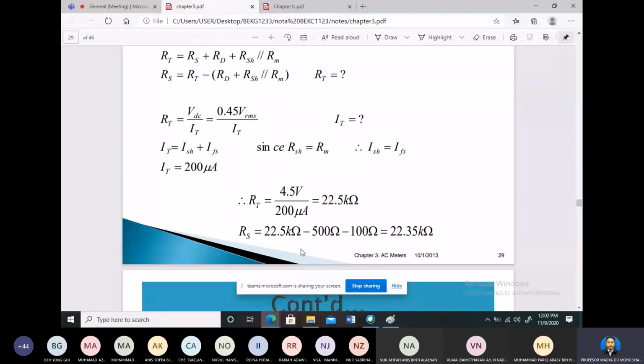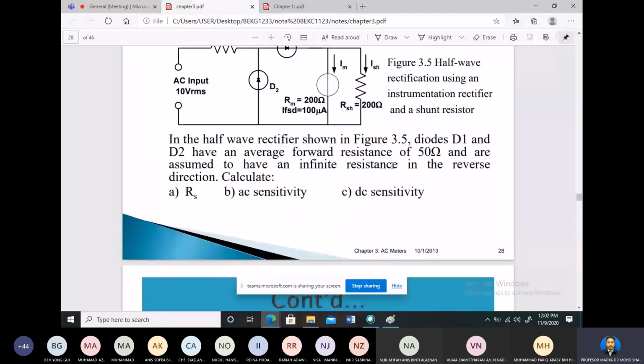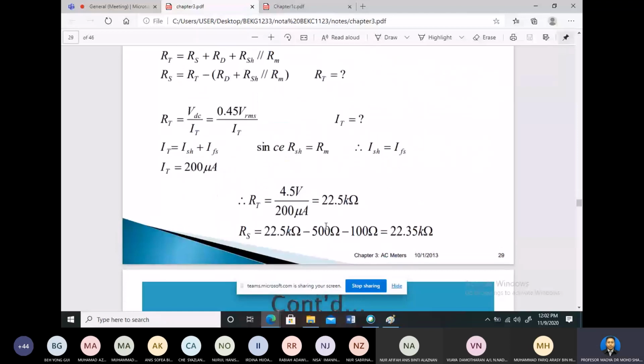RD is actually given as 50 ohm. This is some mistake. I cannot change it here because this is in PDF, so you have to change it on your slide. So this one will be 50. That's why 22.5 kilo ohm minus 50 minus 100, so the answer will be 22.35 kilo ohms. That is for calculating the RS.